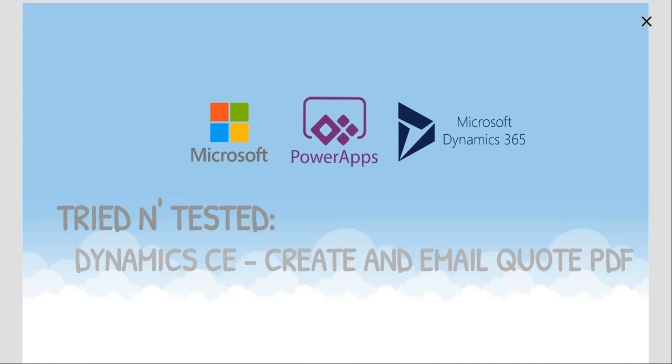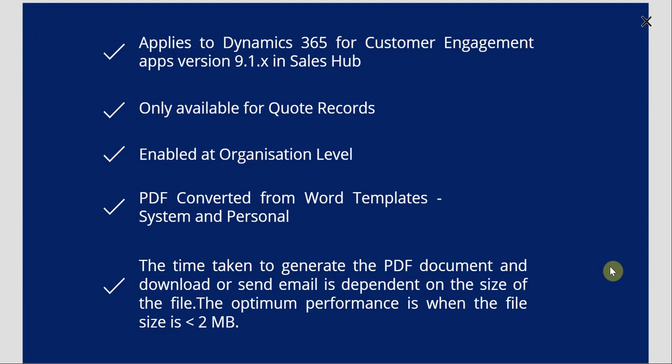So let's look at the overview of the requirements, features and functions. Firstly, it only applies to Dynamics 365 CE apps version 9.1 and above and is available in Sales Hub.